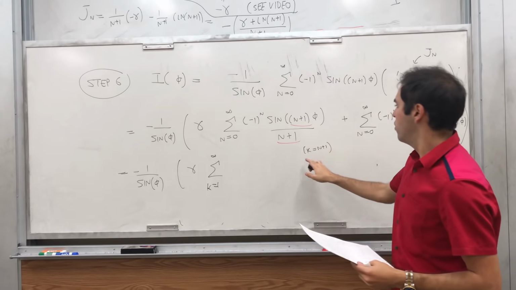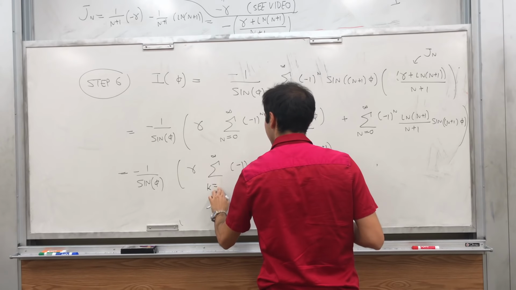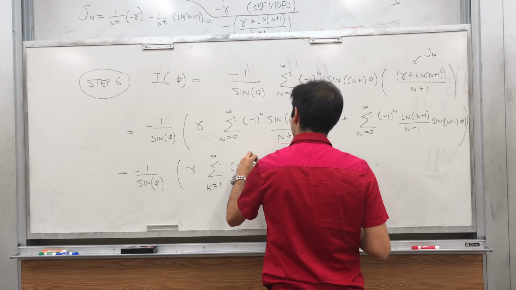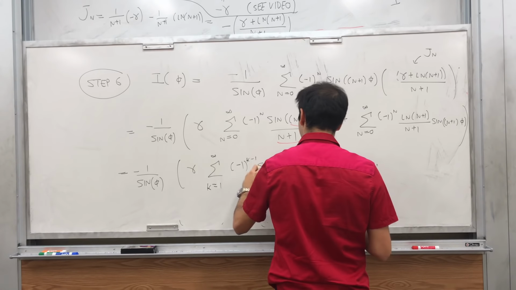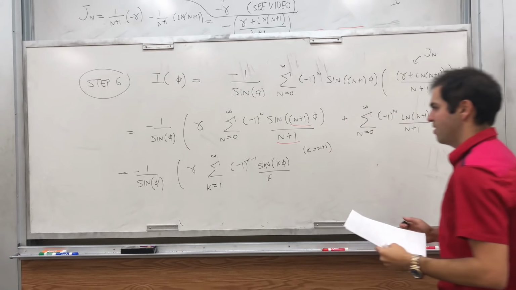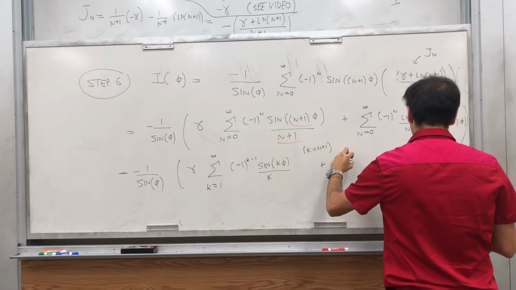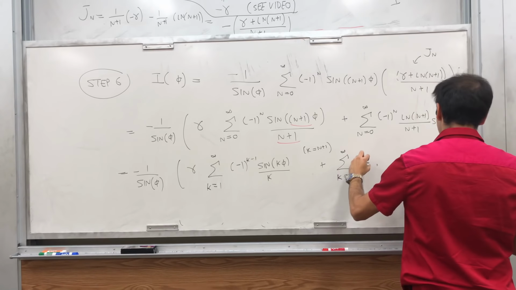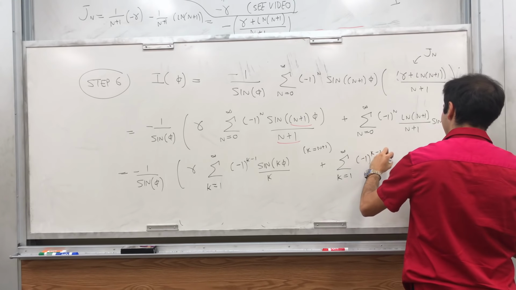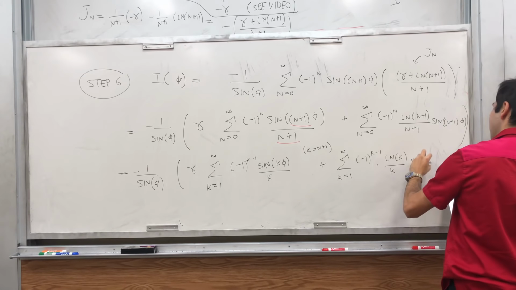And then n would be k minus 1, so minus 1 to the k minus 1, and then sine of k phi over k. That's nice. Also, let's do the same trick here. So this will be the sum from k from 1 to infinity minus 1 to the k minus 1 ln of k over k sine of k phi.